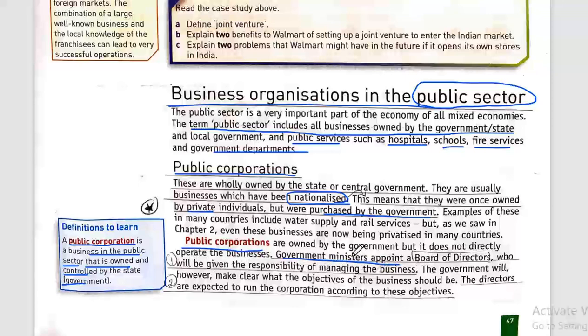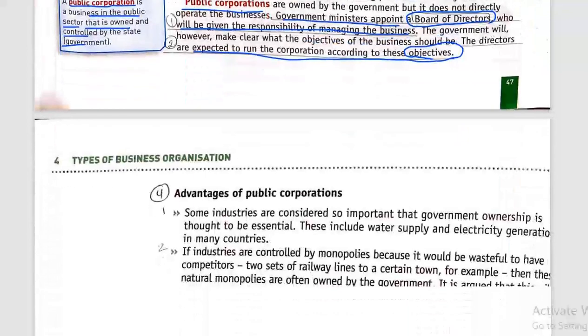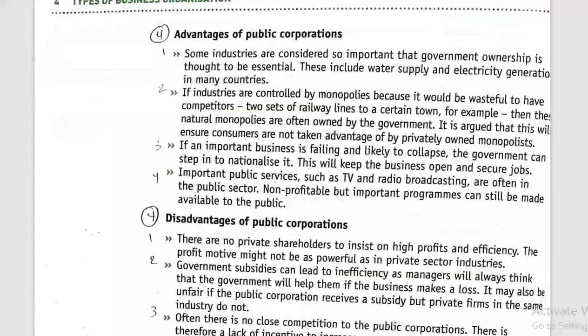So there is also a board of directors for the public businesses, and they are given the responsibility of managing them. The directors are expected to run the corporation according to the objectives that the government is setting, which is serving the society.